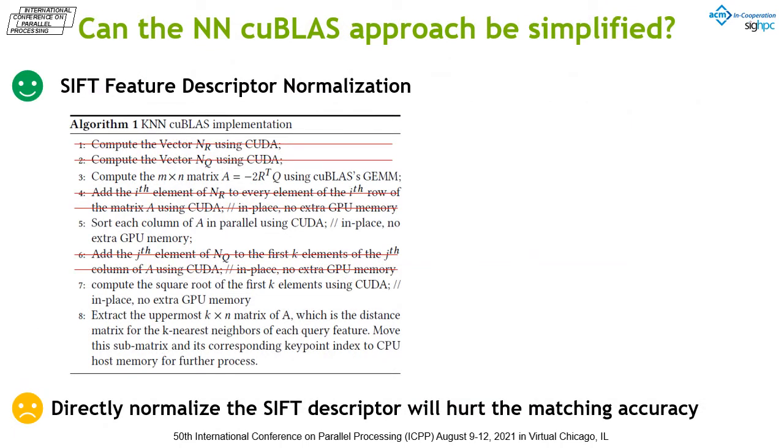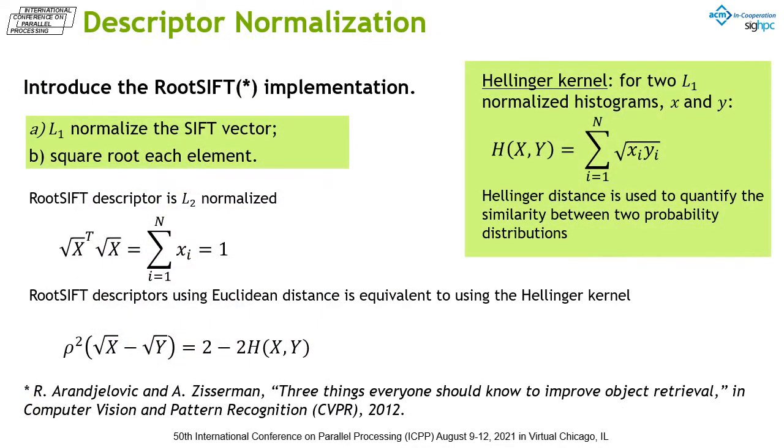If we deeply investigate the nearest neighbor algorithm, we can normalize the SIFT descriptor, and we can see that the whole pipeline will be simplified. But if we directly normalize the SIFT descriptor, the matching accuracy is largely affected. So we introduce the RootSIFT implementation. It first normalizes each of the SIFT descriptors, followed by the element-wise square root.